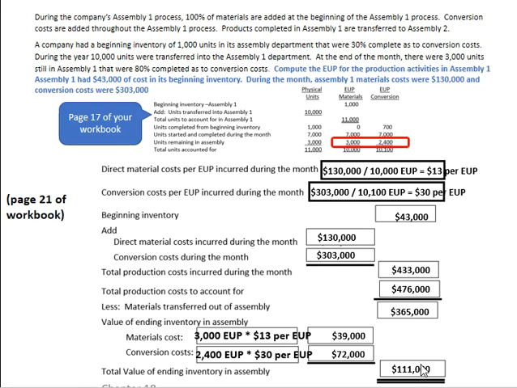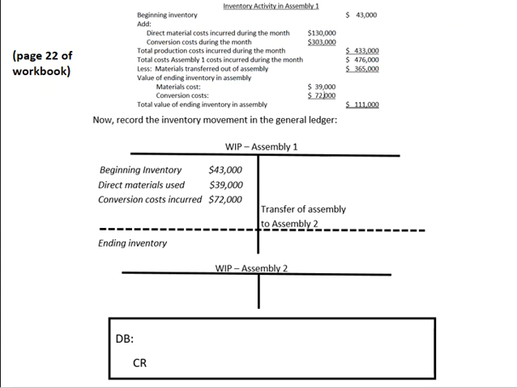Now we're going to go to the next page and see how that works when we're working with our general ledger accounts. On page 22 here, you see the summary from the previous page on the inventory movement. Now we're going to record the inventory movement from Assembly 1 into Assembly 2 based upon this reconciliation.